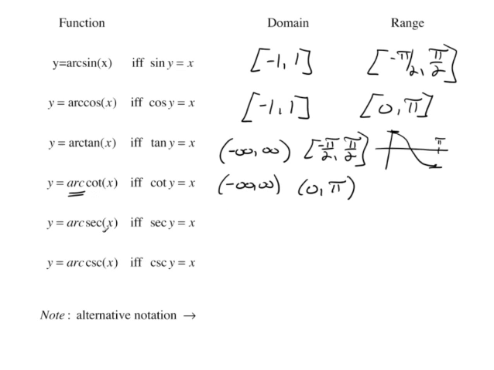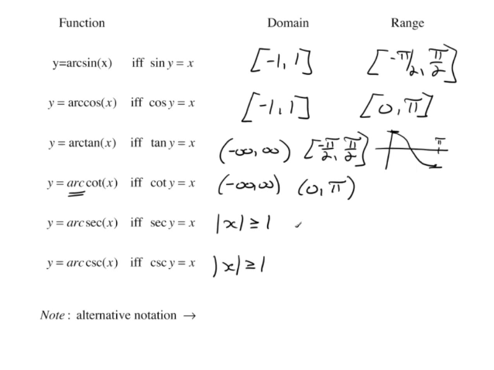Now, continuing with secant and cosecant is the exact same idea. The domain is going to be absolute value of x is greater than or equal to 1. And it's the exact same thing for cosecant.